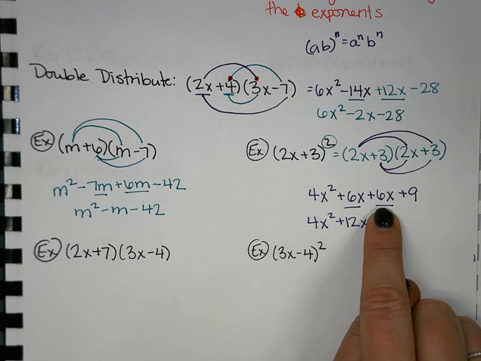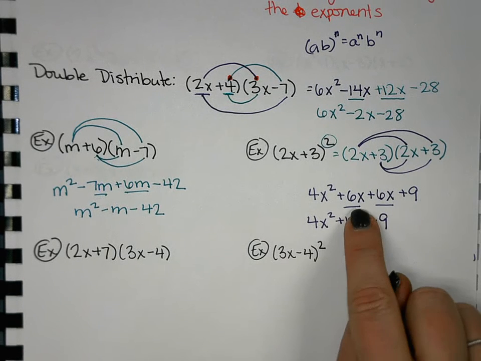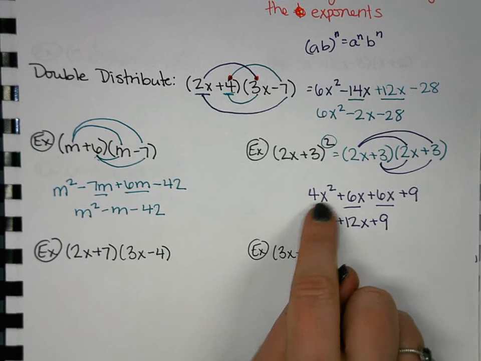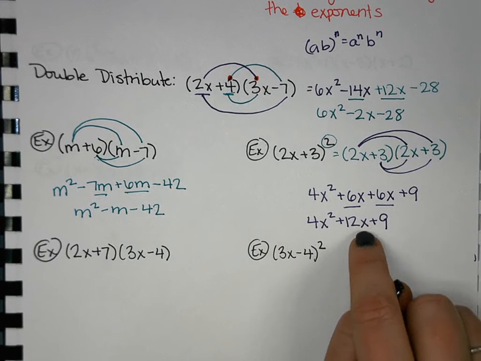Like in last night's homework, when we were adding like terms, we never changed the variable when we added, we just added the numbers in front. So because this is the same variable, x squared is different, we're only adding 6 plus 6 and leaving x alone.